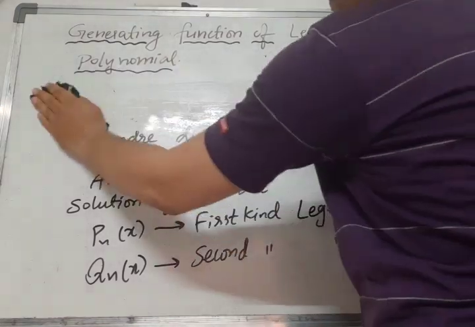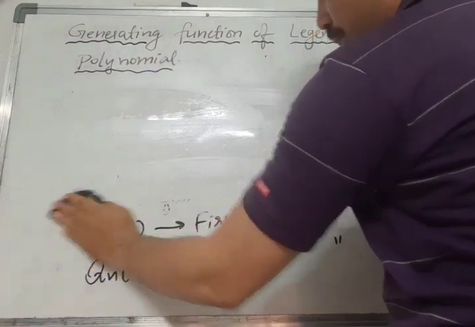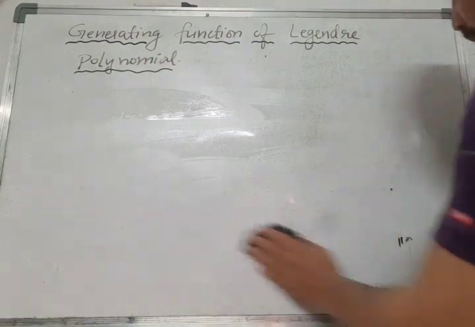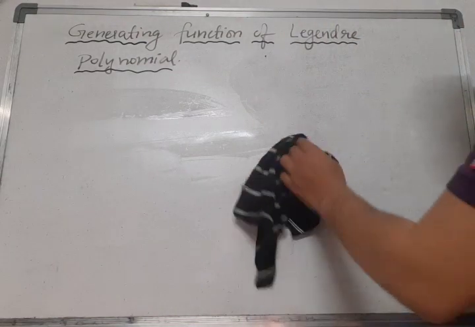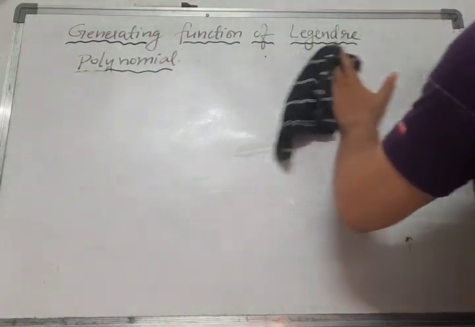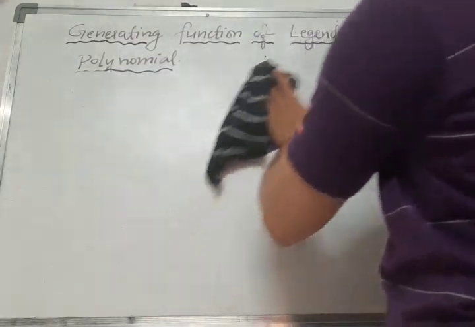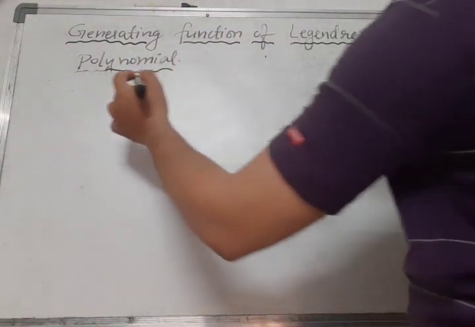Next, already we have derived the solution set. The solution for the Legendre equation we already got. Pn of x value we have got. What is the Pn of x value actually?